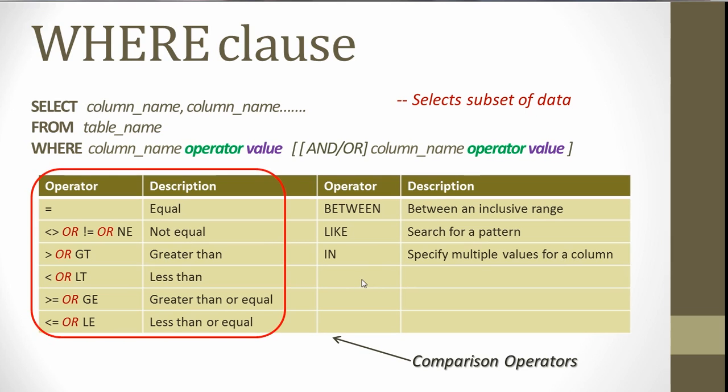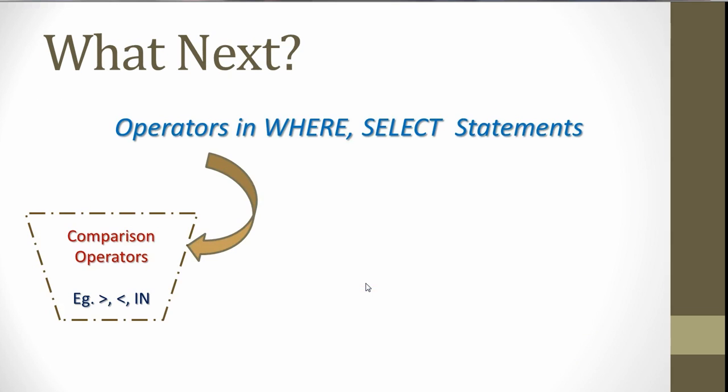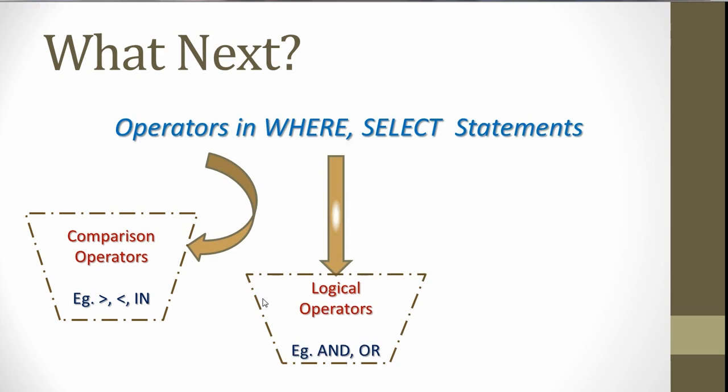And in the previous lesson we looked at this first set of operators. So what's next? We're going to separate out the operators into different categories in the where and select statements. First we have the comparison operators like greater than, less than. We'll be looking at some additional things in the comparison operators.